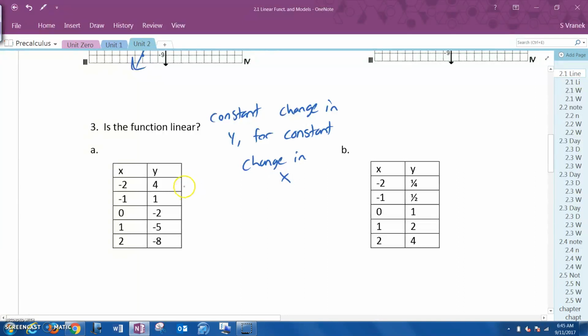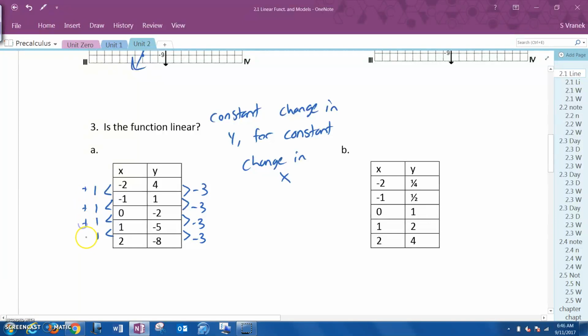If I look at how this is changing, between 4 and 1, it's going down 3. Between 1 and -2, it's going down 3. -2 and -5, it's going down 3. And -5 and -8 is -3. And then for the x's, hopefully you guys realize that they're going up +1 each time.